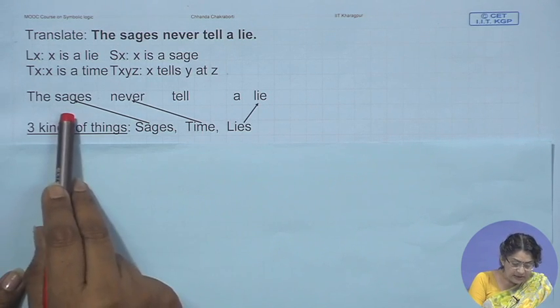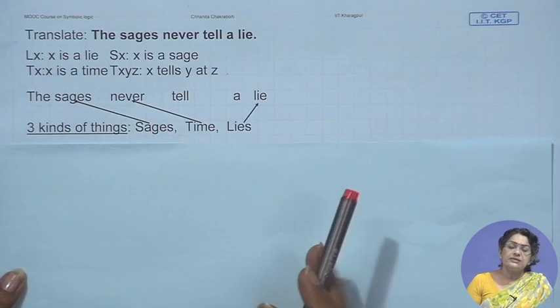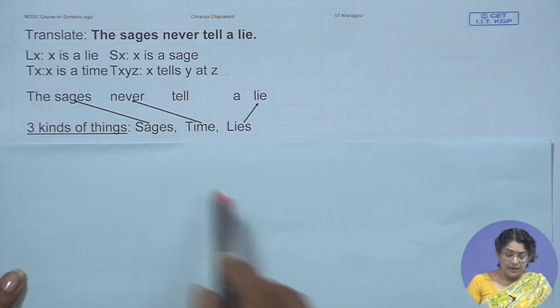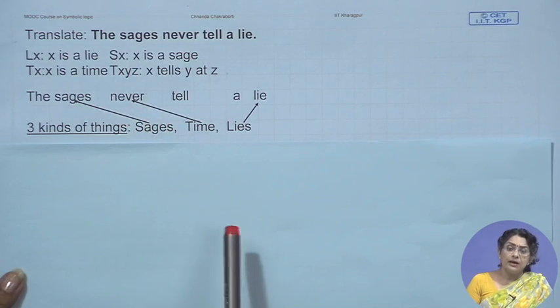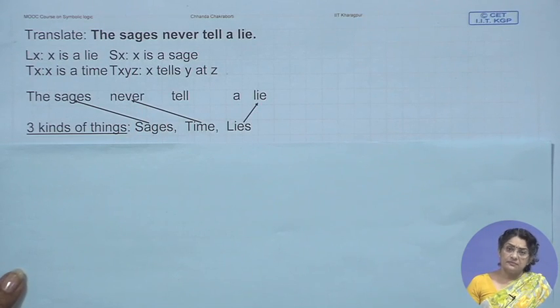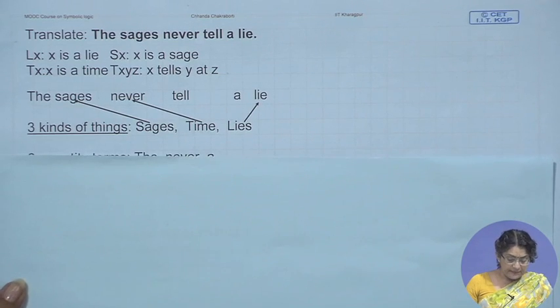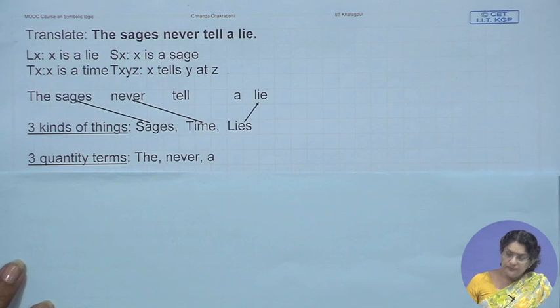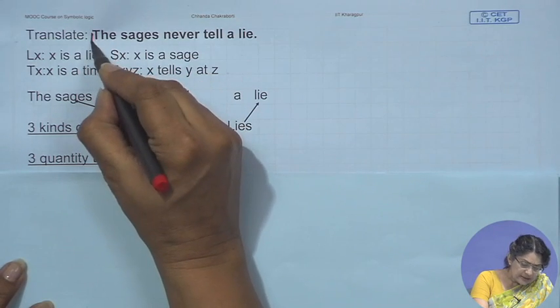So, sages is one. Never, as I said, never as in not ever, no time. So time is one kind of thing, and then there are the lies. Okay. So, those things. Three quantity terms are there, in case you have noticed. If you haven't, let me help you. There is the sages.